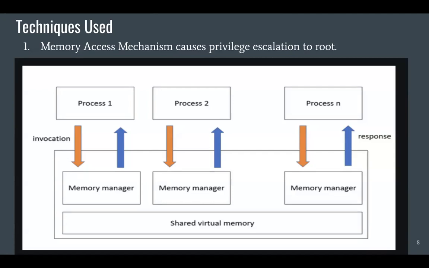The sudo permission is the root permission: only if you are a valid authorized person can you install a specific application in your system. Those are the root permissions, which need a username and login. But by using this memory access mechanism, they have got root access without even having the credentials.